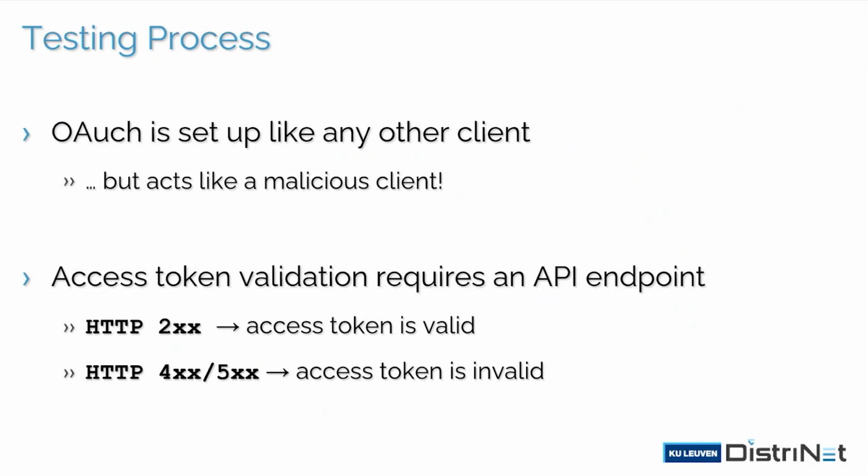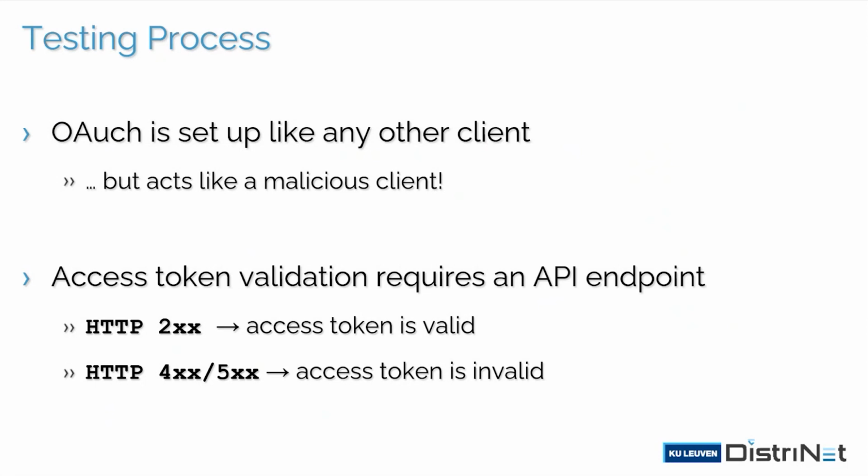So OAuch chooses the easy path, where we take a very simple API call, for example, a call to get the user information, something very simple. We assume that if we call this API with a valid access token, it will give some kind of response, HTTP 200.